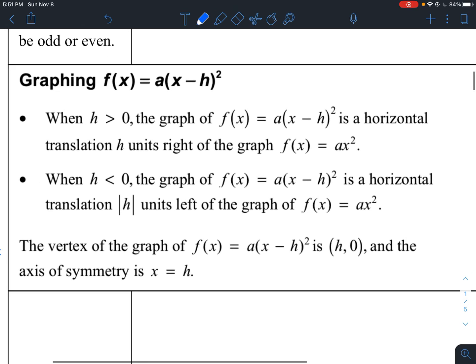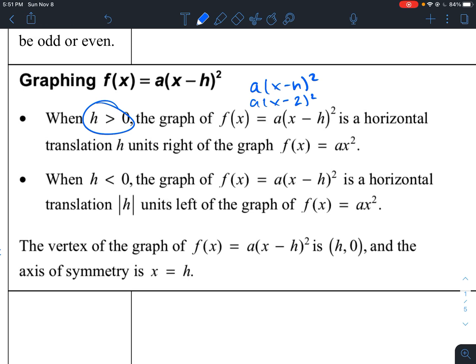So if you have the function a times x minus h squared, if h is greater than 0, so let's say h is a number like 2, then you have a times x minus 2 squared. So you keep the sign the same, but h itself is positive.